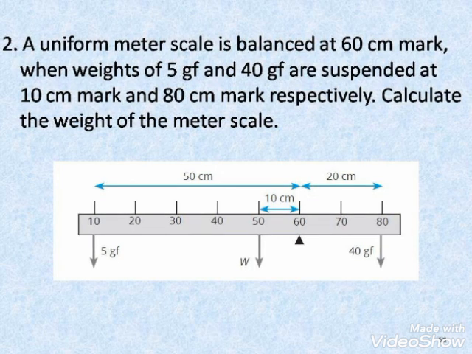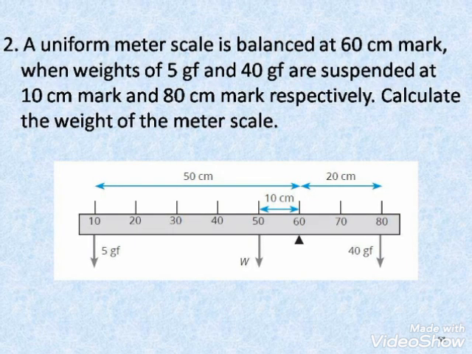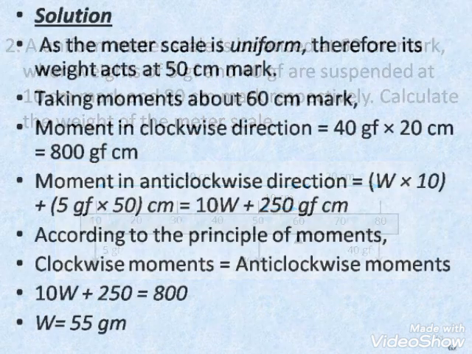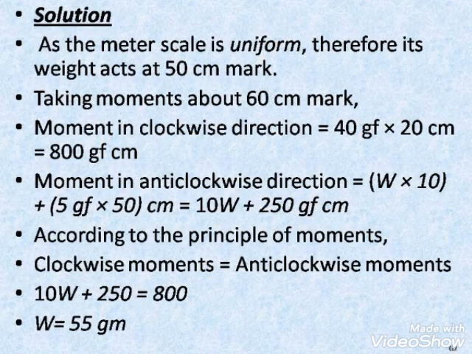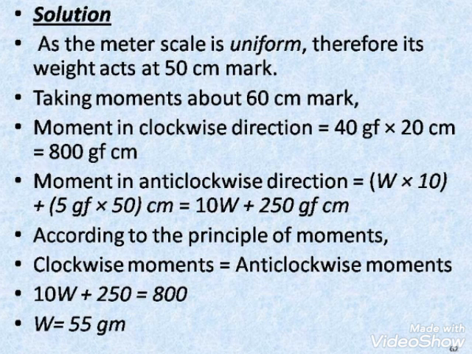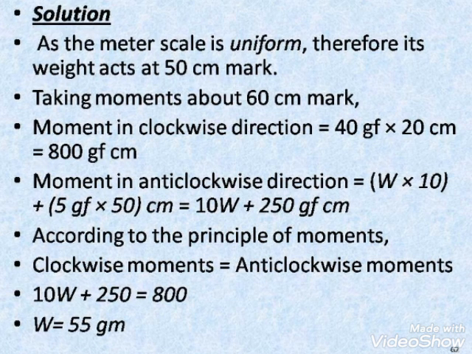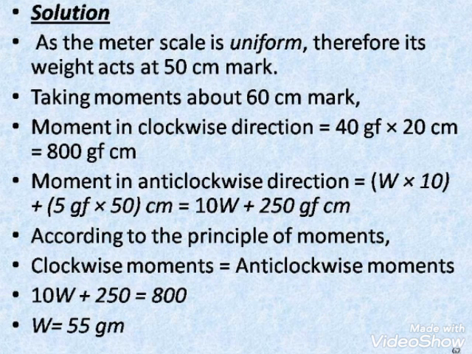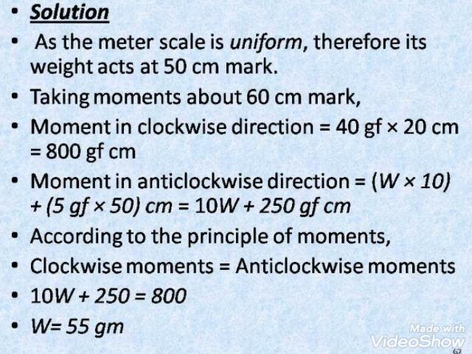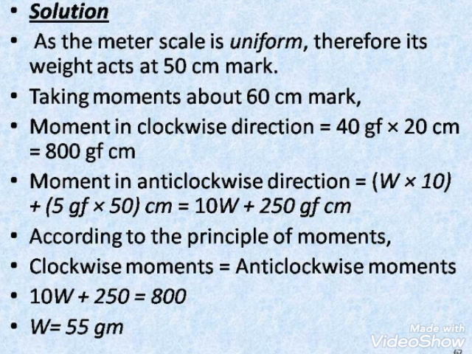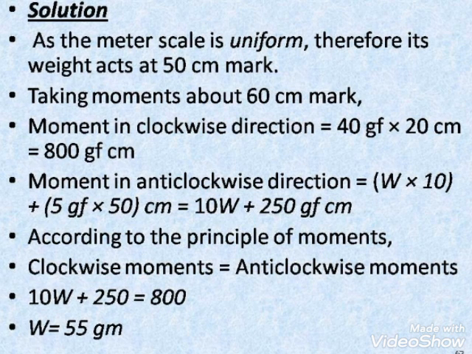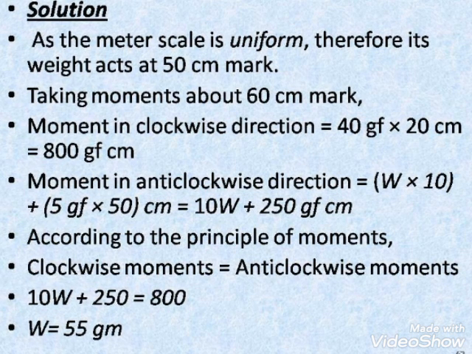Now whenever you are doing this, here we are going to use the principle of moments, and we have to calculate that the total clockwise moment is equal to the total anti-clockwise moment. If you apply the formula, the moment in clockwise direction is due to the 40 gram force, that means 40 into 20, whereas the moment in the anti-clockwise direction is equal to W into 10, where I don't know the distance from the fulcrum, plus the 5 gram force into 50, where I have suspended the 5 gram force.